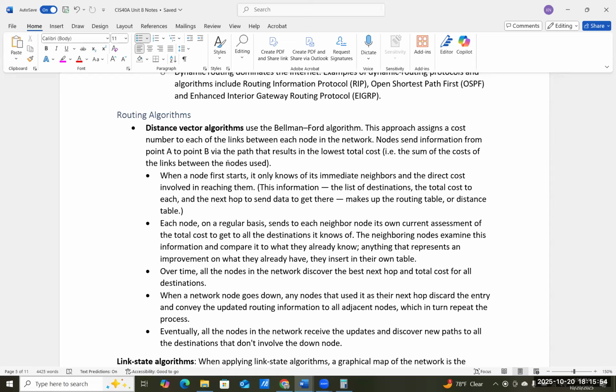Your house to the main road is 2 miles, okay? And then from there, the next street is 4 miles. So what we can do is we can put a cost, a numerical value, to represent that road or that vector, that path, okay? So from router A to router B, this cost could be 5, right? Router B to router C, the cost could be 11.